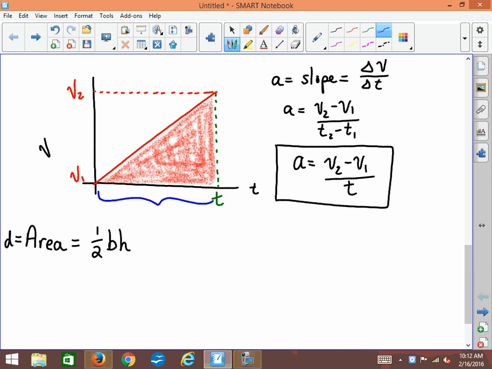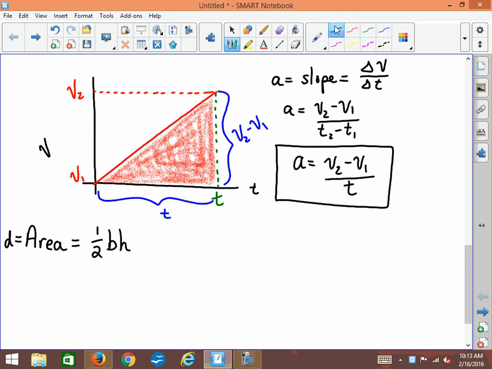The base is the amount t. And here's the height. The height is the difference between v1 and v2. So I'm going to write v2 minus v1, right? That's how you'd figure that out. Now, since v1 is 0, it's basically just v2. But we'll put it this way because there's nothing saying v1 always has to be 0.